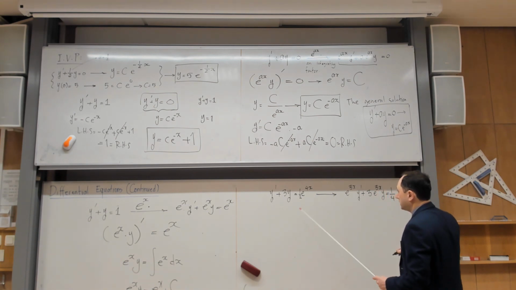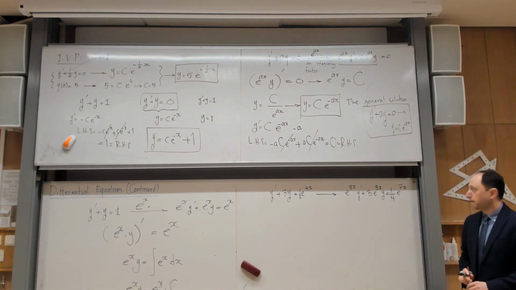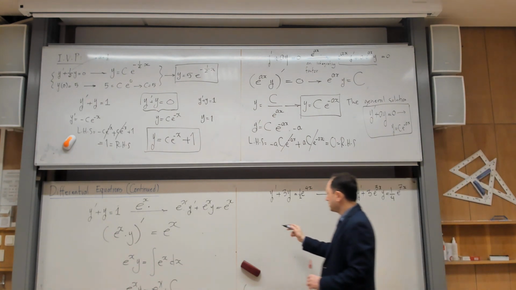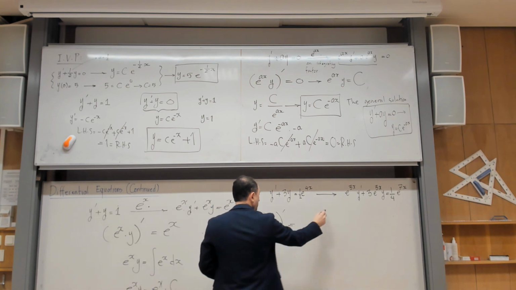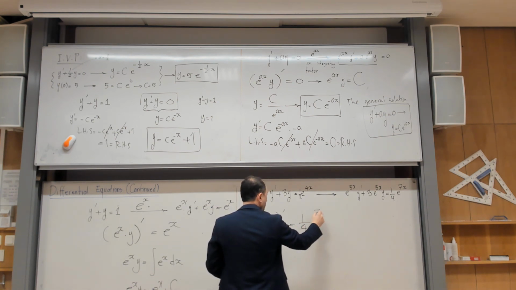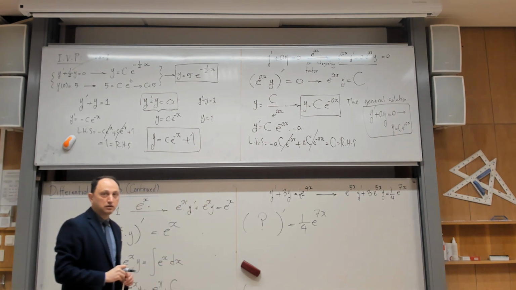But if I multiply this by e to the power of 3x, it becomes e to the power of 7x. Yes? But now, can you tell me again, what can I put in the question mark here? The right-hand side is just copy and paste. But what can I put instead of the question mark here?